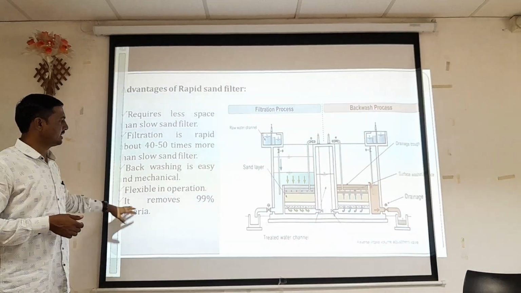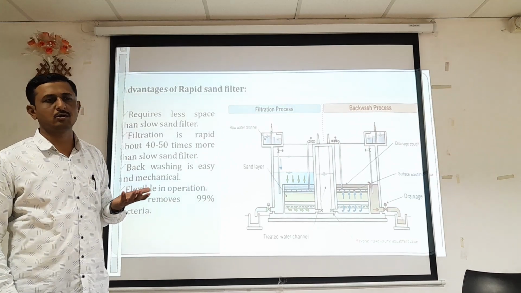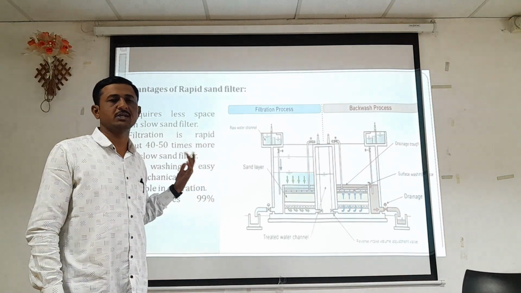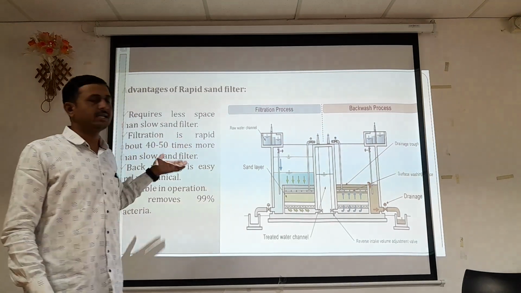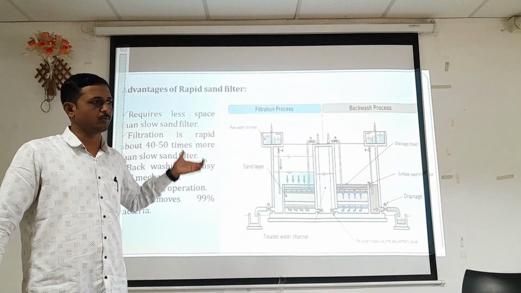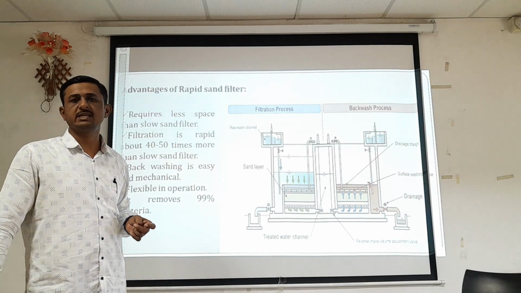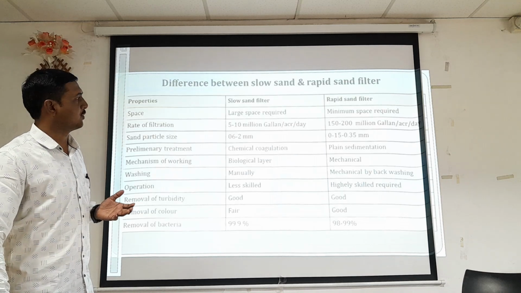It is flexible in operation and removes about 99% of bacteria. Here no labor is required for washing or arrangement of gravels in the rapid sand filter, while in the slow sand filter we require manual labor to arrange the gravel and sand properly, and labor is also required for washing.